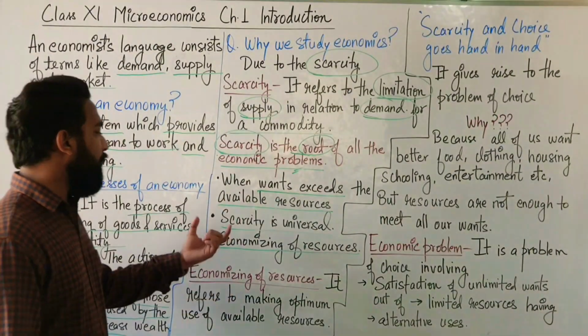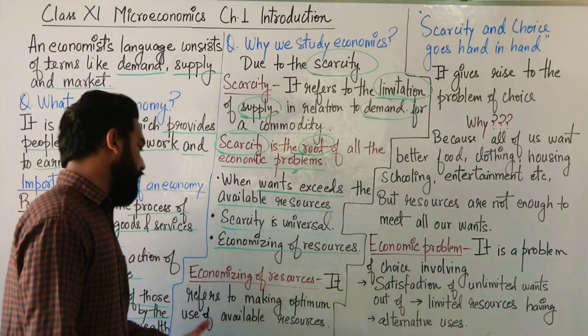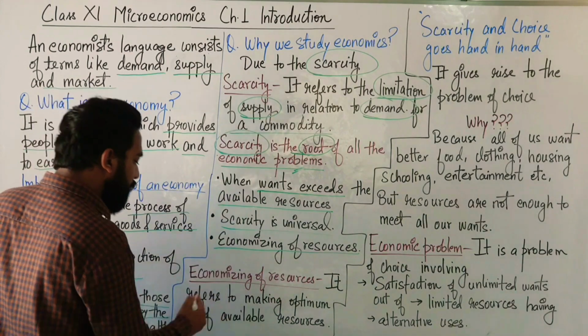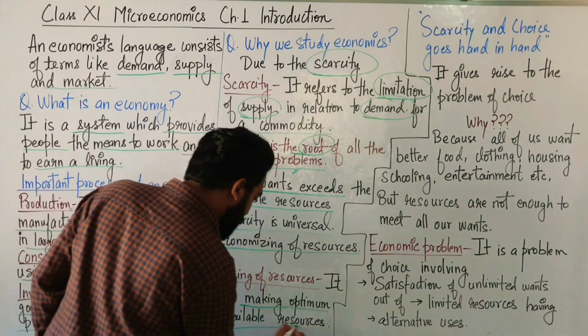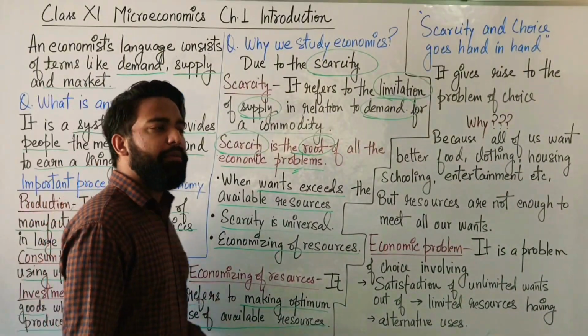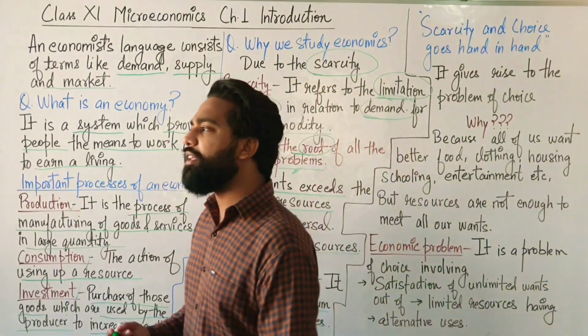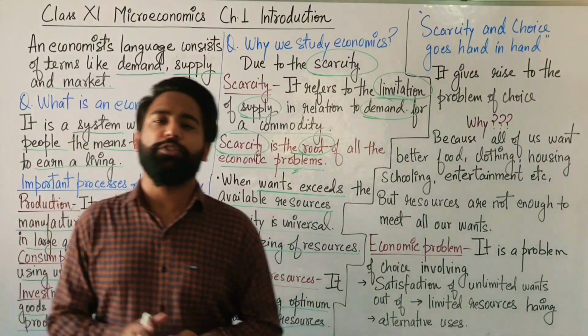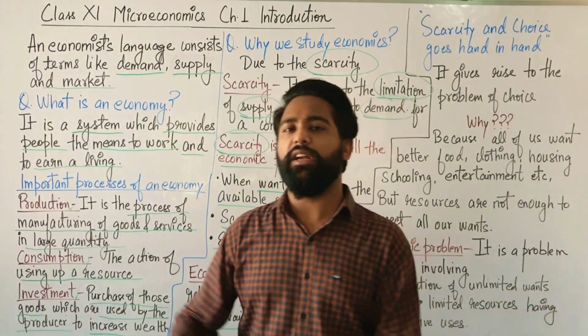And what do you mean by economizing the resources? By economizing the resources, we mean making optimum use of available resources. What do you mean by optimum utilization? By optimum utilization, we mean to use the resources in a very proper manner. We don't use the whole resource in a single day.